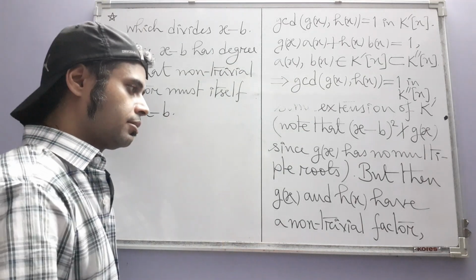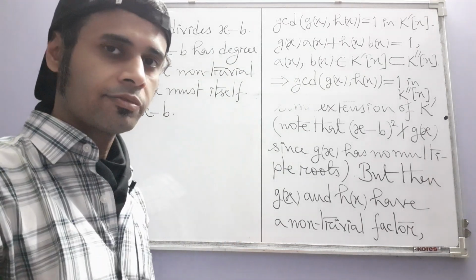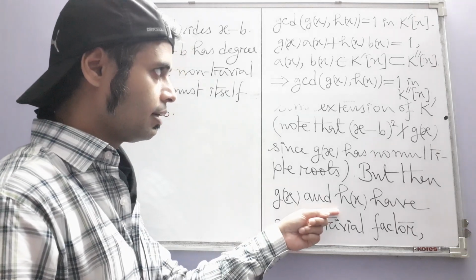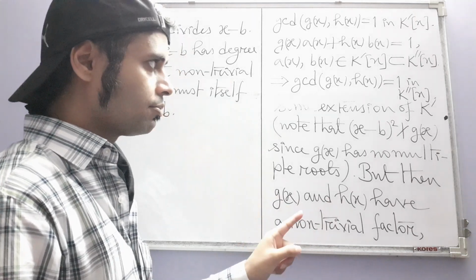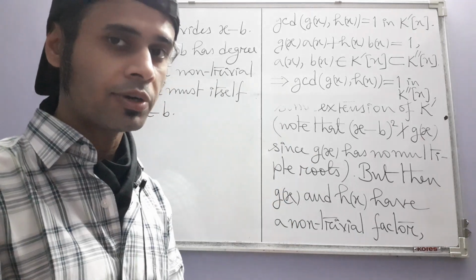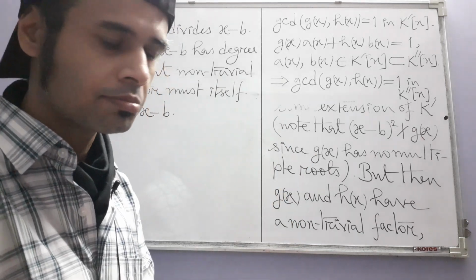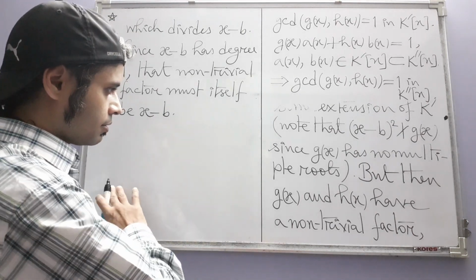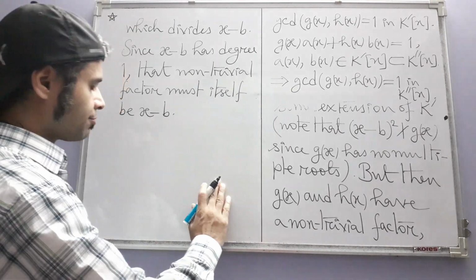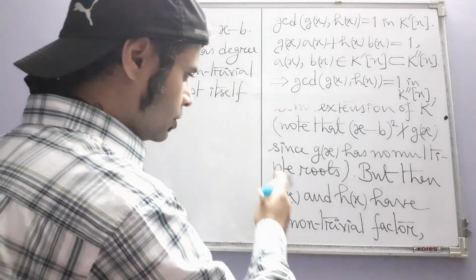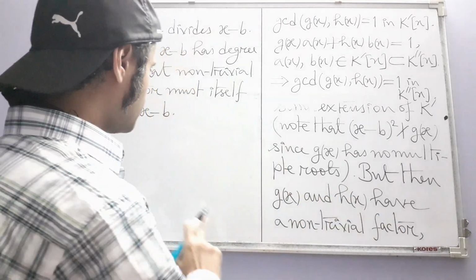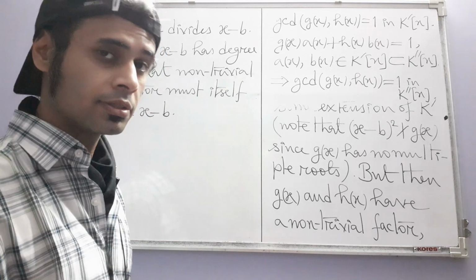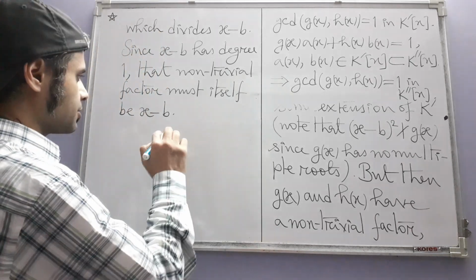But then what? Then we are just getting the fact that x minus b divides gx and hx, but now in k prime x, okay, the smaller polynomial ring. And that is why the GCD of gx and hx is equal to x minus b, now in the smaller ring itself, exactly equal to x minus b.